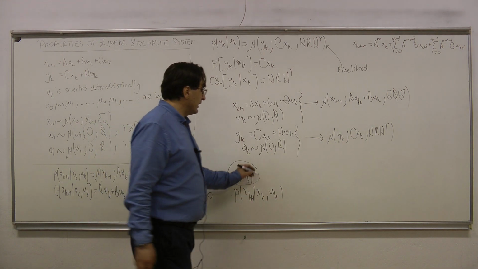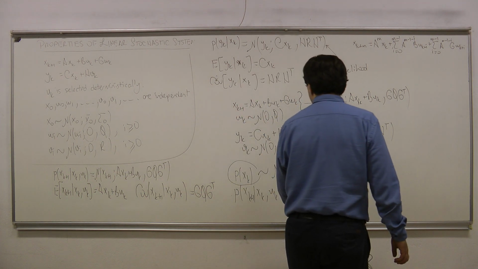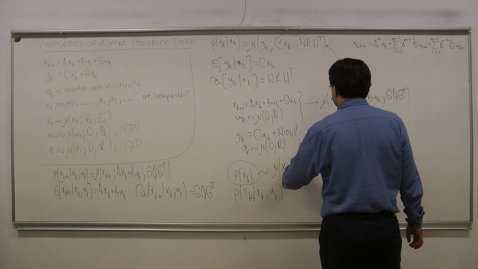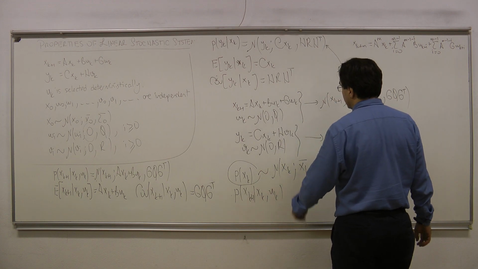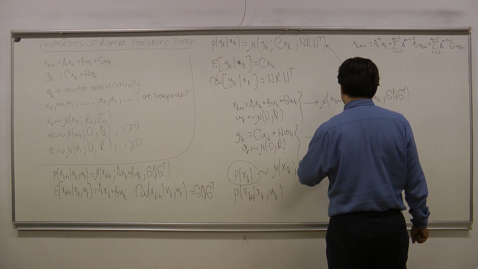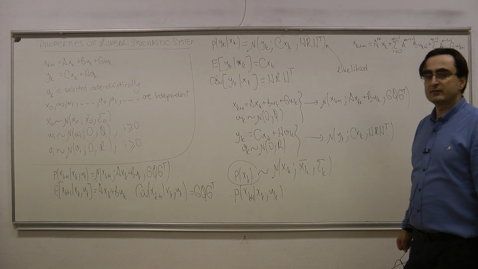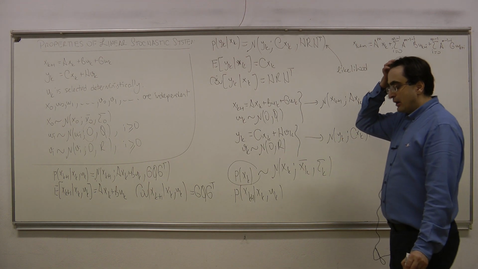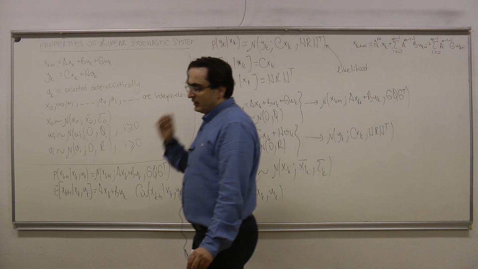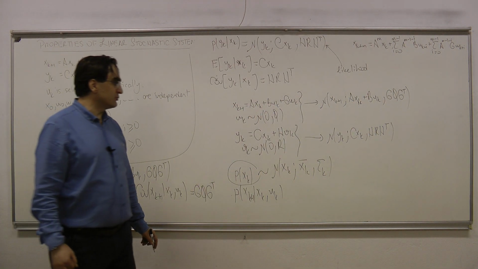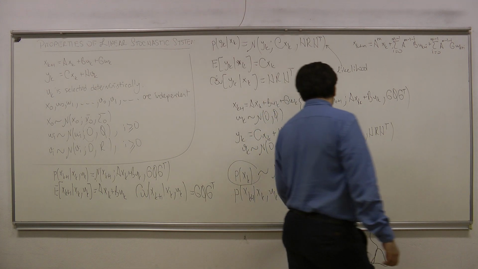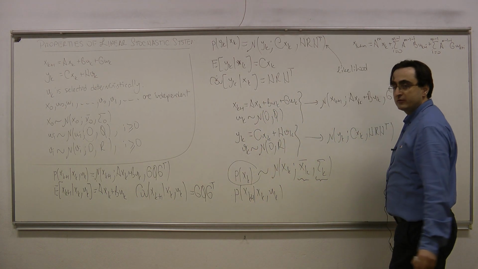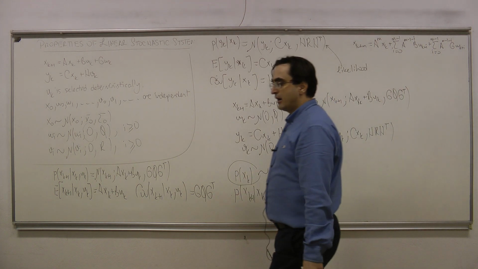We are going to see that this is also going to be a Gaussian over xk, with mean x̄k and covariance that we are going to call sigma k. And when we find these unconditional PDFs, we are going to concentrate on how the covariances and the means of the state evolve in time.